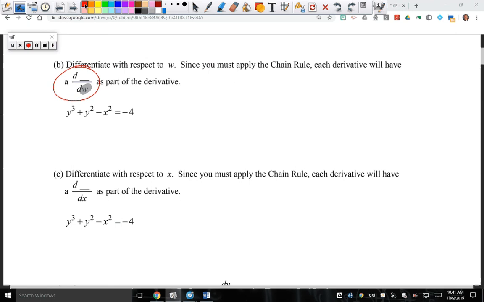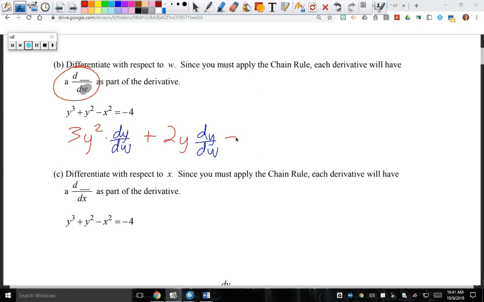Yeah. In respect to w, what's the derivative going to be? What is the derivative of y cubed first? 3y squared times dy dw. Okay? Plus what? 2y times dy over dw.